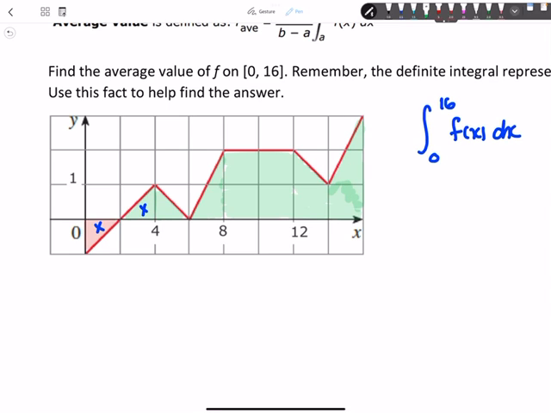Do note that the x-axis here has an interval of 2. Look at this little triangle right here. It has a base of 2, going from 4 to 6, and a height of 1. So this would have been a rectangle with an area of 2, and since we're only using half of it, we get an area of 1.